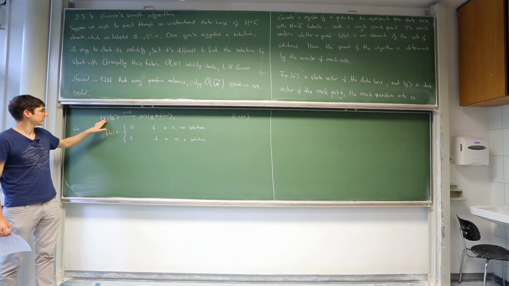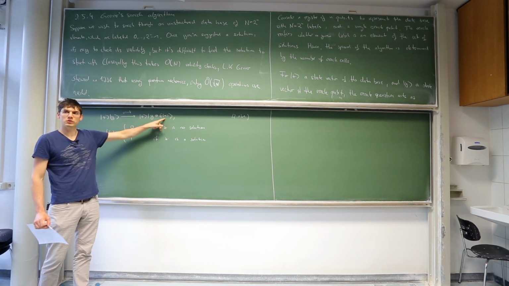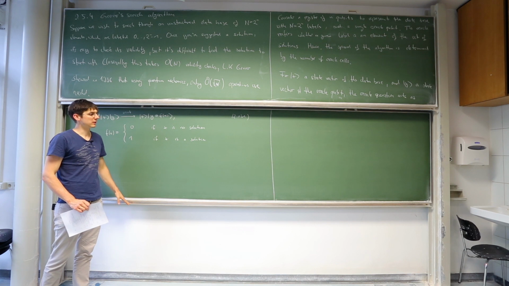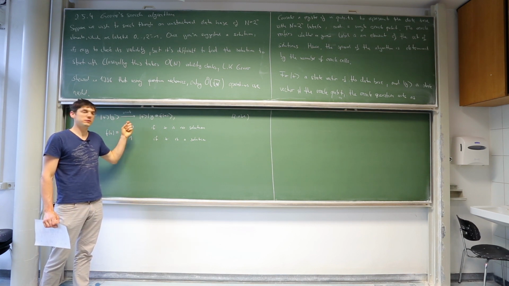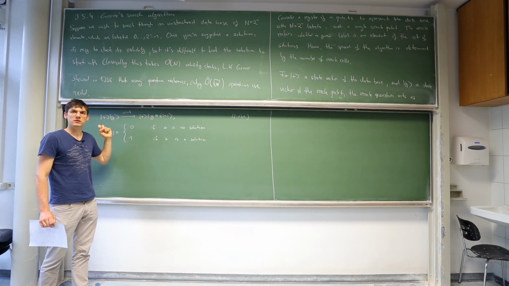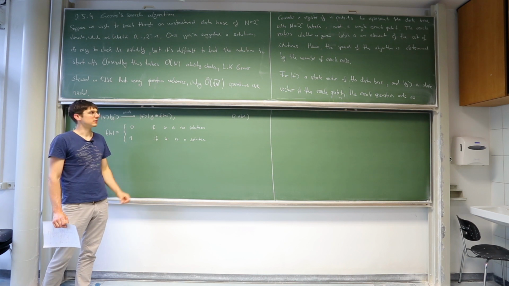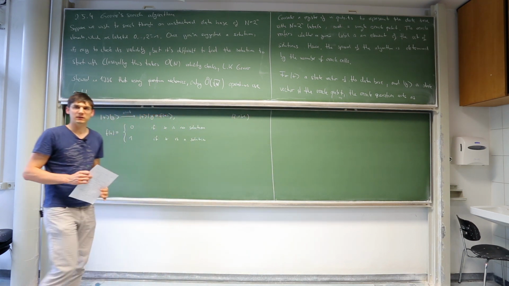And it writes in this oracle qubit whether it's a solution or not. In the end, we quantify how fast this algorithm works by how often we have to call this oracle. Because the oracle tells us is it a solution or not, and the speed is determined by how often we ask this question.